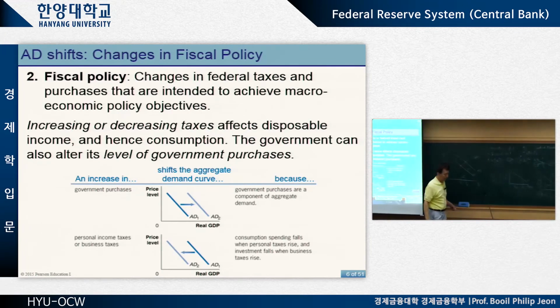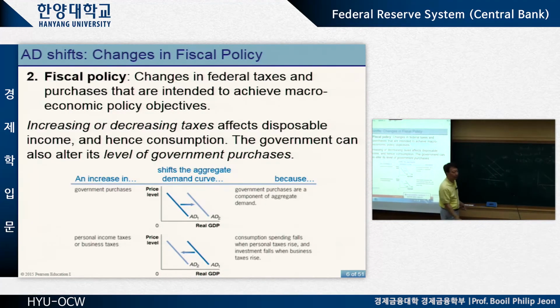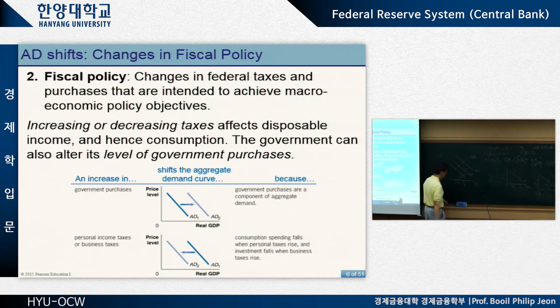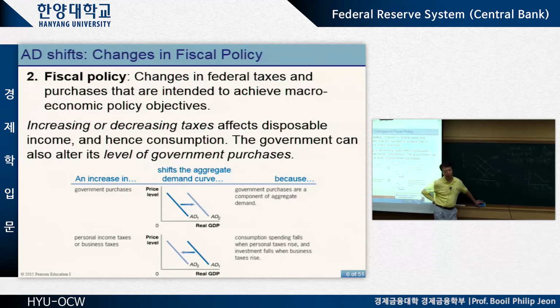So aggregate demand will shift to the left, or decrease. And the consequence will be that income will be lower, and the unemployment rate will be higher.